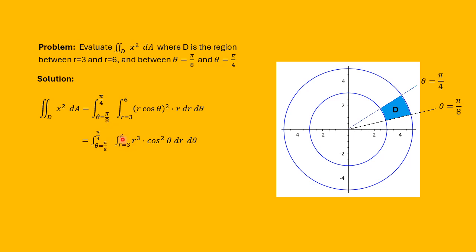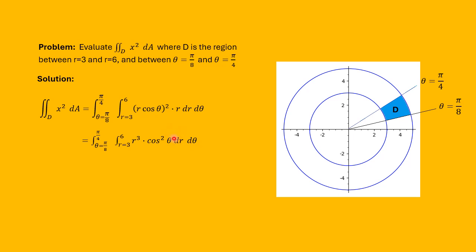If we look at this, we notice that this r in the dA differential was combined with the factors of r that we had here. So our integrand in this integral is r cubed times cosine squared theta.